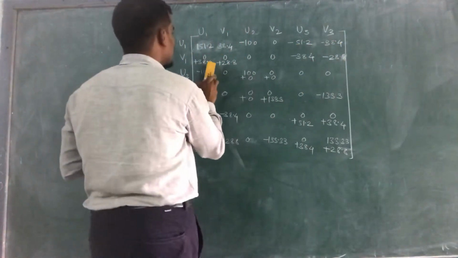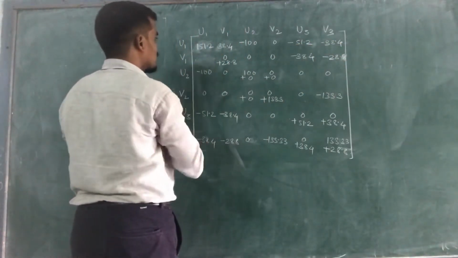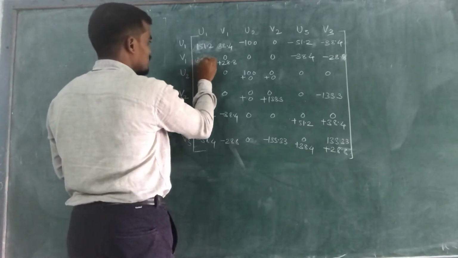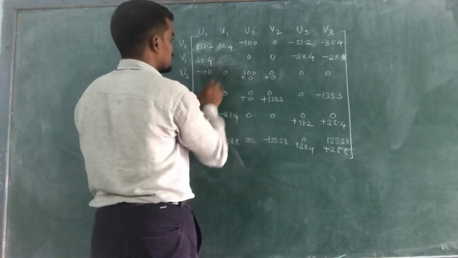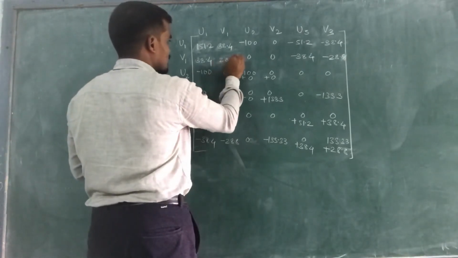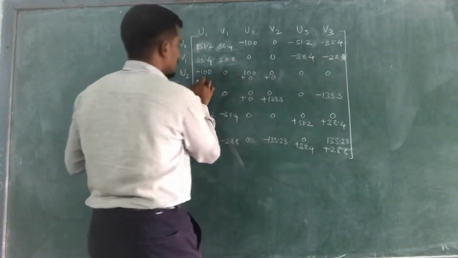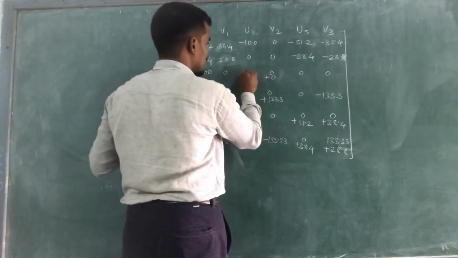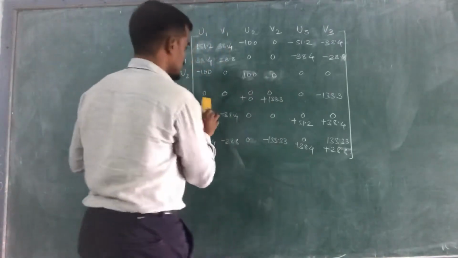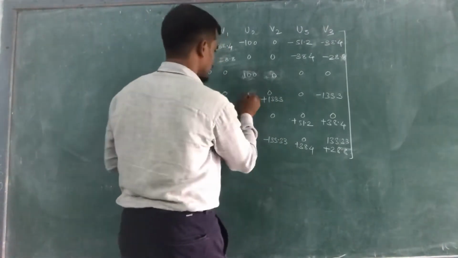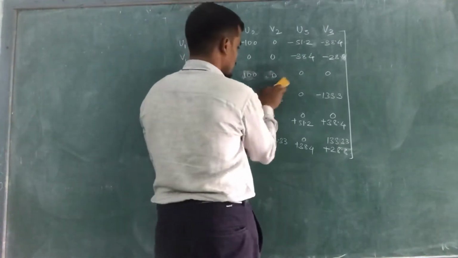Then this will become 38.4. Then 100, 0, minus 51.2, 38.4. Then this will become 38.4, then 28.8. Then 100, 0, this will become 100. This is 0, then 0, this will become 0. Then 133.3.